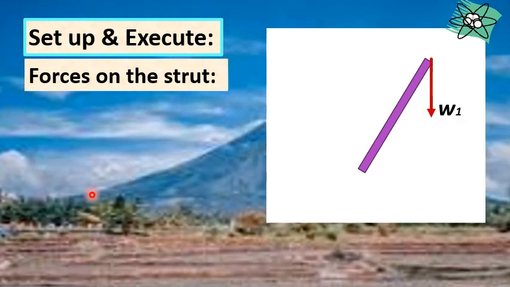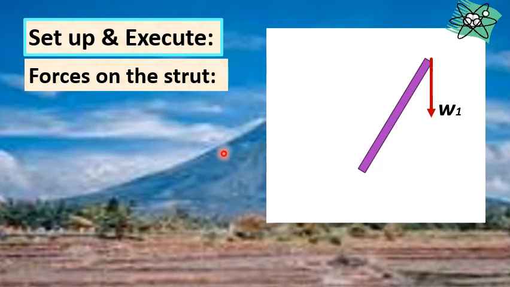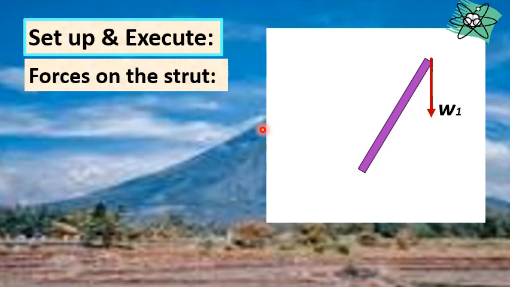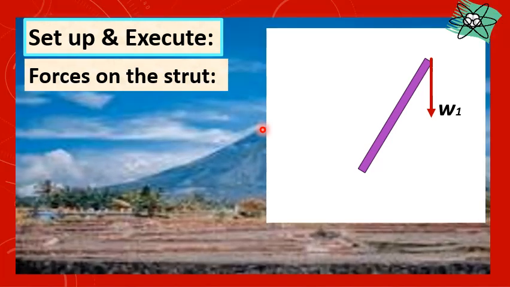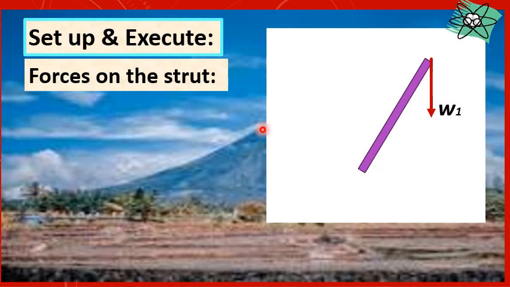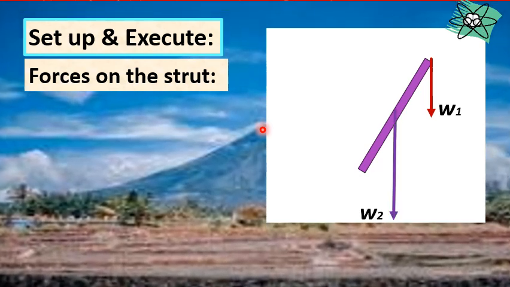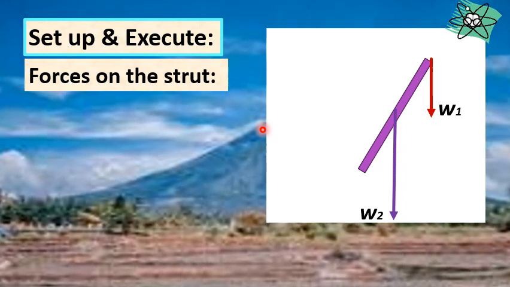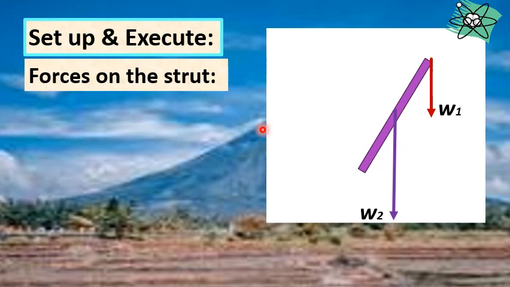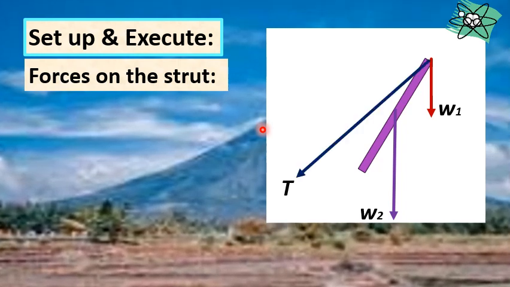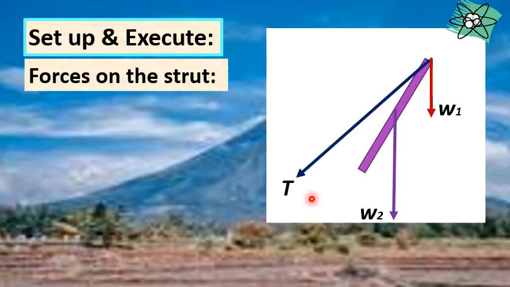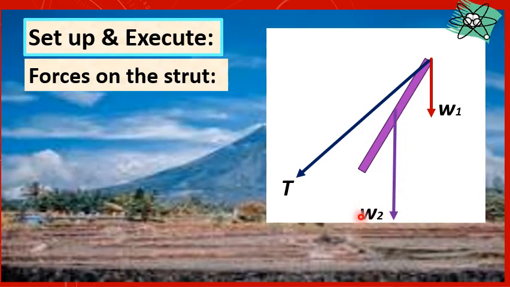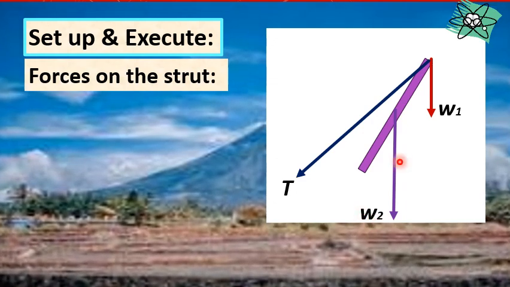Once again, we emphasize each of the forces acting on the strut. The first of these forces is the weight of the hanging load, labeled W sub 1, and the weight of the strut itself, labeled W sub 2.